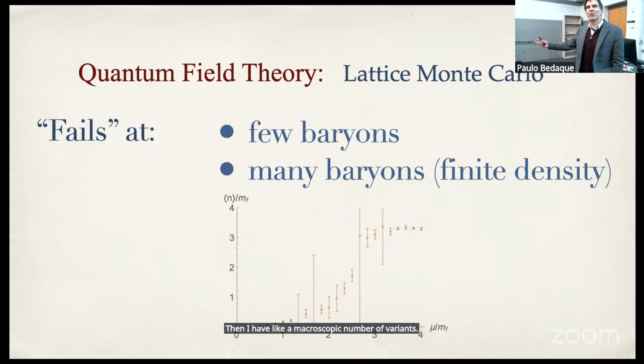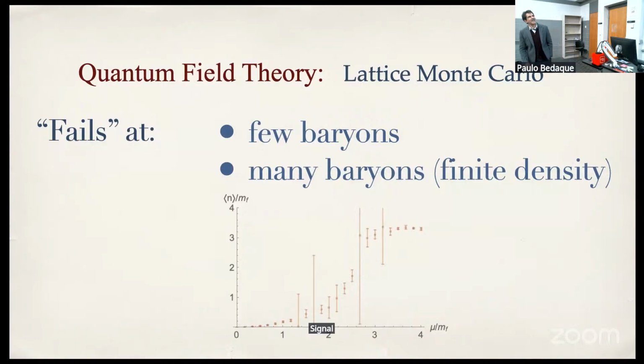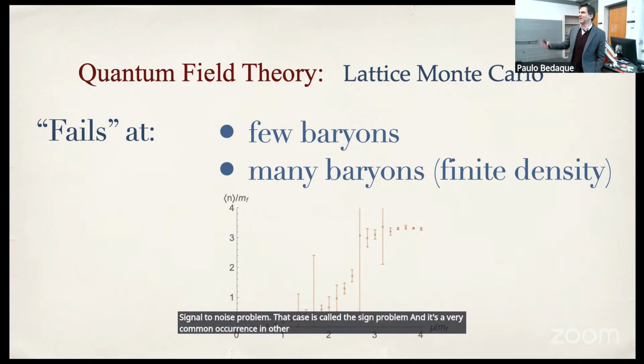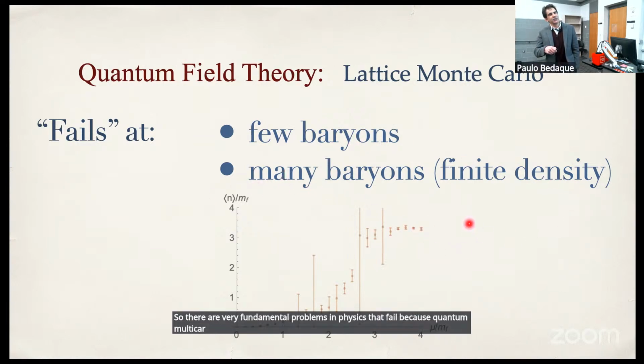To no one's surprise, there is a horrible signal-to-noise problem. In that case, it's called the sign problem, and it's a very common occurrence in other models, like famously the Hubbard model away from half-filling. So there are very fundamental problems in physics that fail because quantum Monte Carlo fails in those situations.